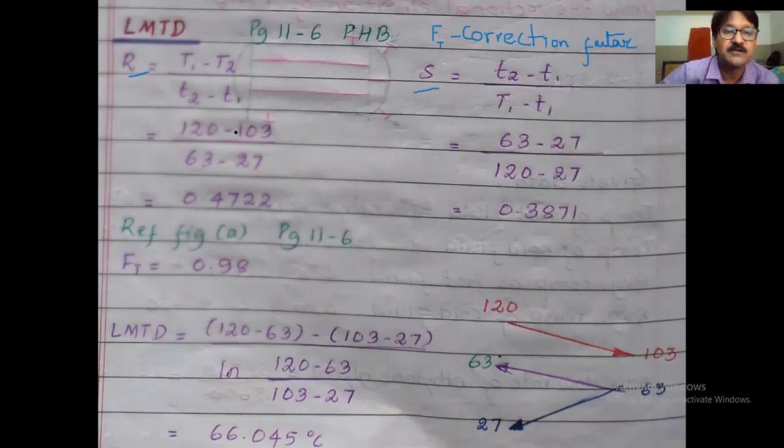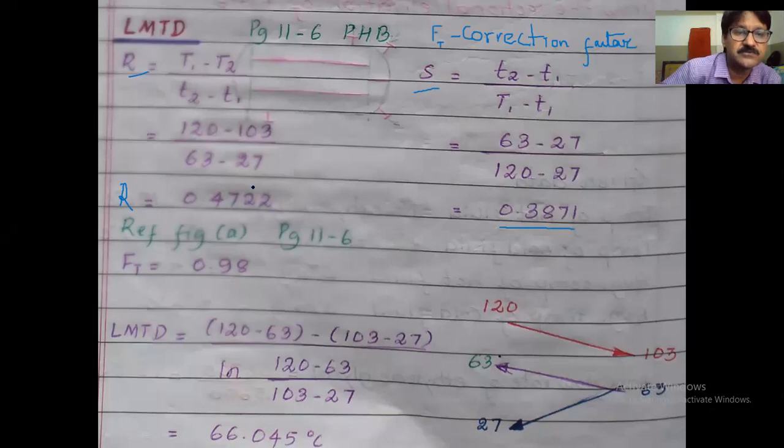Calculate this value, so this is the value of R. Next, S is equal to 63 minus 27 divided by 120 minus 27, and your answer is 0.3871. Only calculate R and S now.